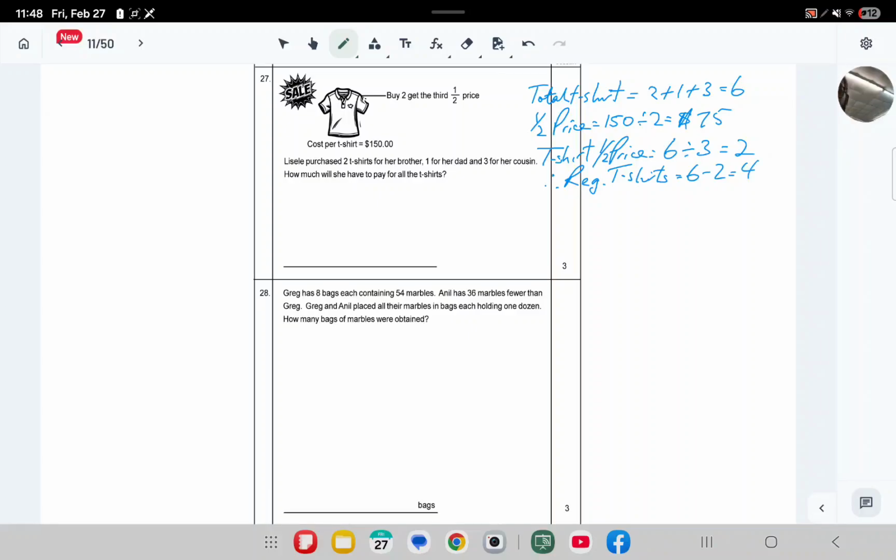So she's paying 4 regular price and 2 half price. So to calculate the total, it would be 2 by $75, add 4 by $150, and that should give you a total of $750.